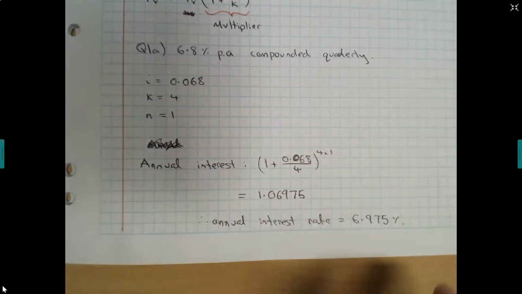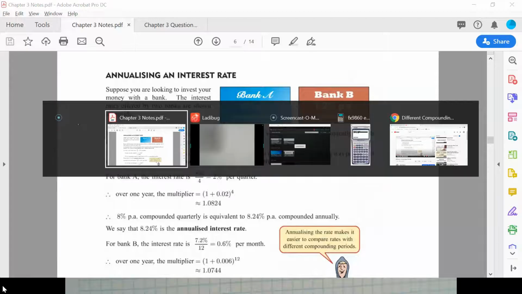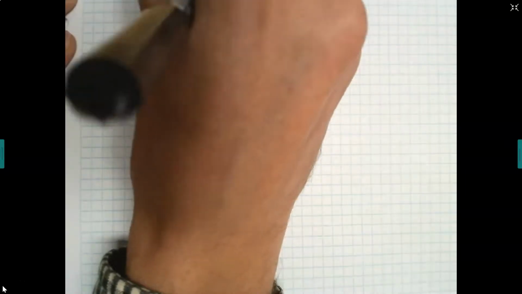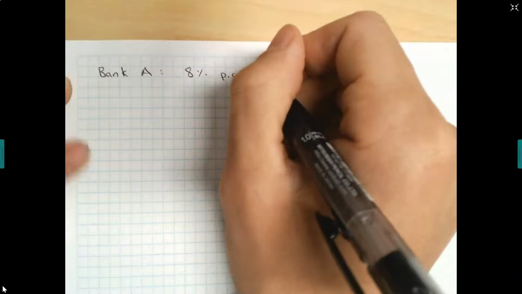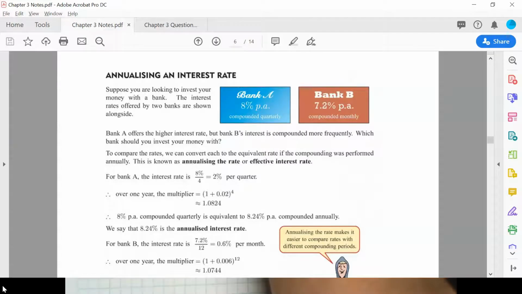So now, if we go back to our first example where we're looking at the two different banks, we've got Bank A, who is offering 8% per annum compounded quarterly.